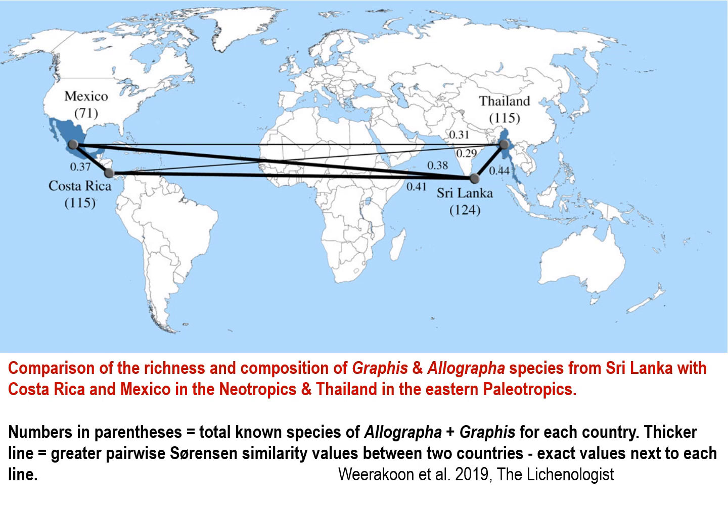Weerakoon et al. 2019 compared species richness in the Paleotropics and Neotropics, using data from 4 well-sampled countries. These 2 papers were the source of the 2 hypotheses we decided to test. And we are testing the hypotheses considering data collected since 2014.